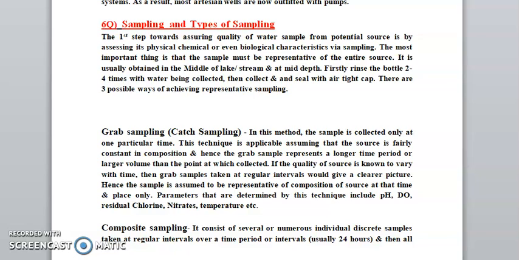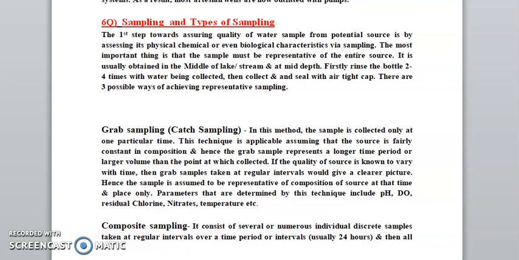Composite sampling is several individual samples taken at regular intervals over different times, over a time period such as 24 hours. This is very important.